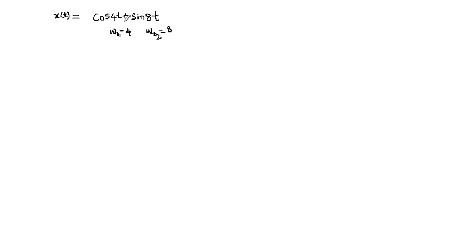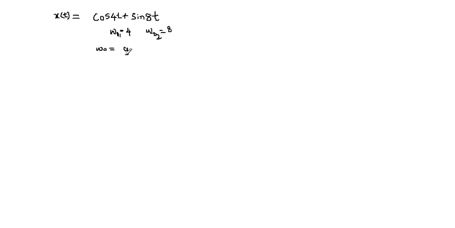Whenever we have two or more signals, like if our resulting signal is the sum of two or more signals, then we have to take the individual omega naught values, and the fundamental frequency of the signal, omega naught, is always the GCD of these.